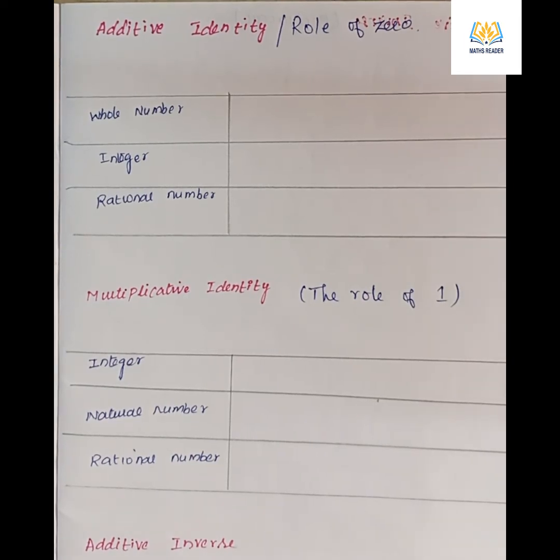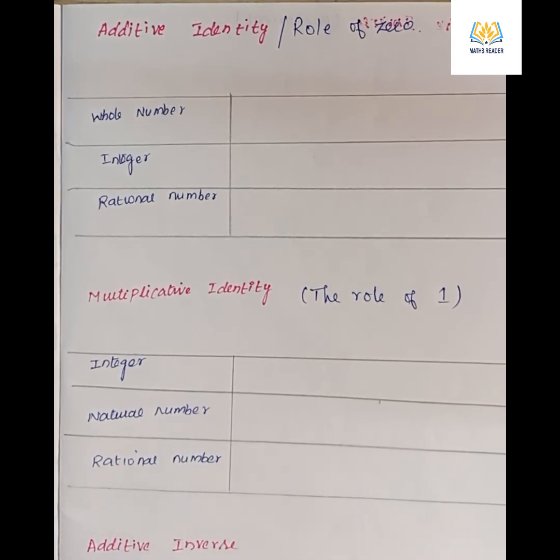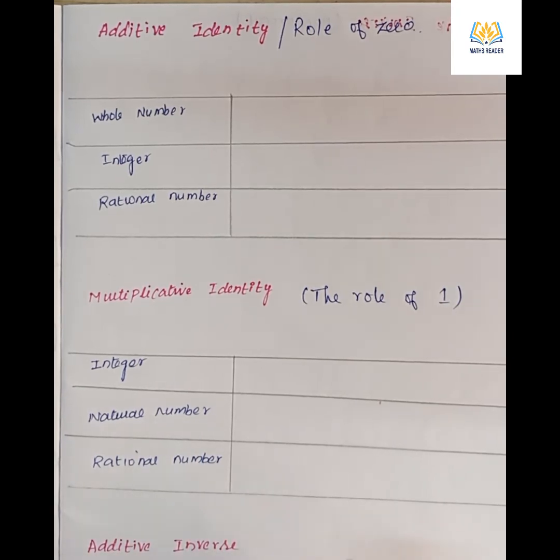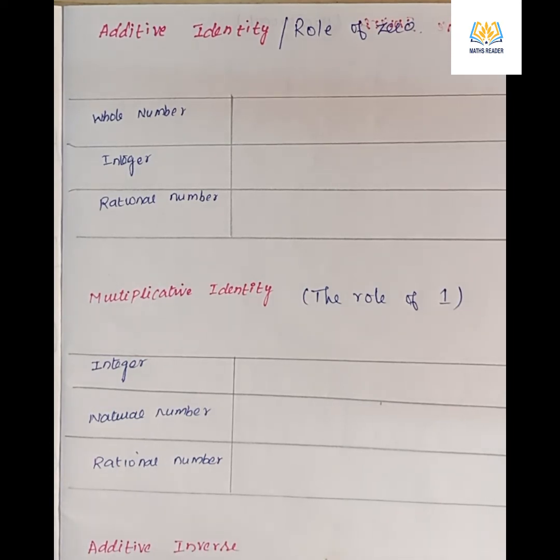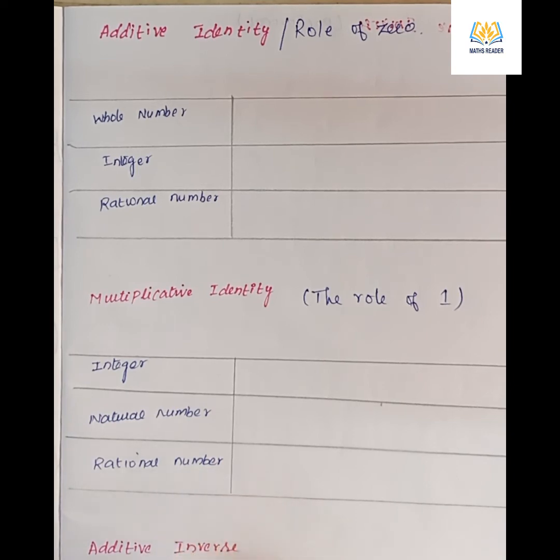And next is additive identity, or the role of 0. So generally when we add 0 with any number, we will get the same number as the answer. Suppose if we add 0 with a whole number, the answer will be the whole number. 0 plus 1 is equal to 1. 0 plus 2 is equal to 2.